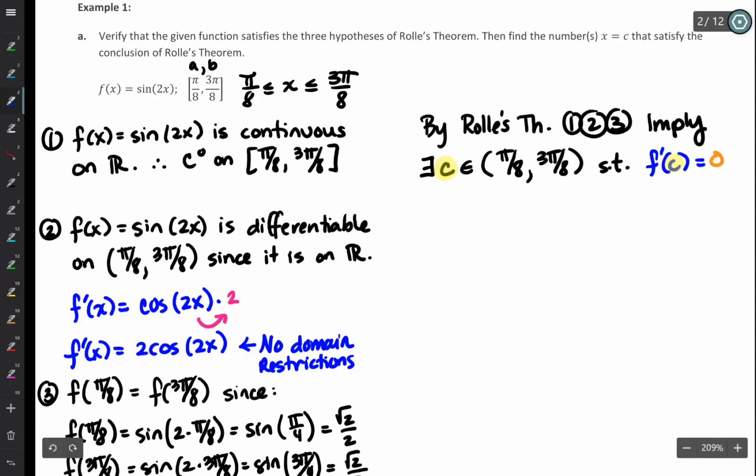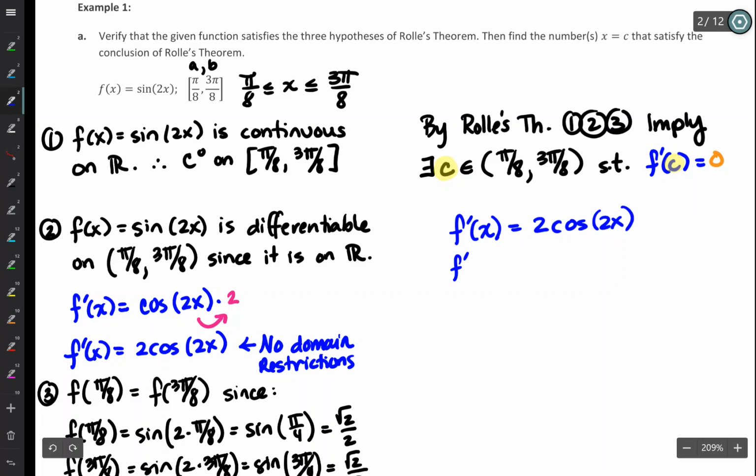We're just going to do a little bit of algebra to find the c that makes that true. Of course, because sine 2x is periodic, there are a lot of places where the derivative is 0, but I want to find the specific one that lives strictly between pi over 8 and 3 pi over 8. We already found our derivative. It was 2 cosine 2x.